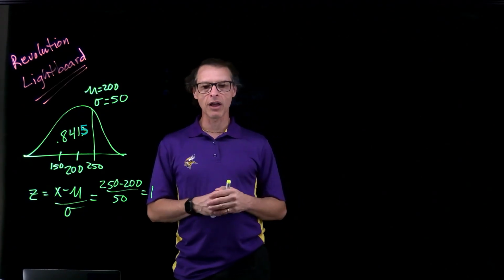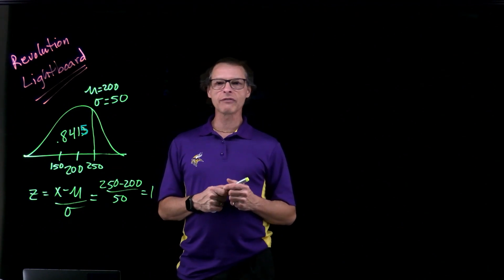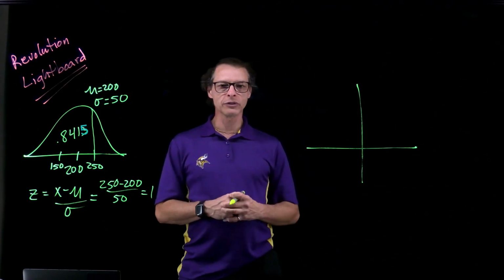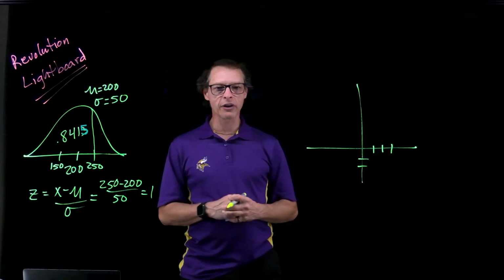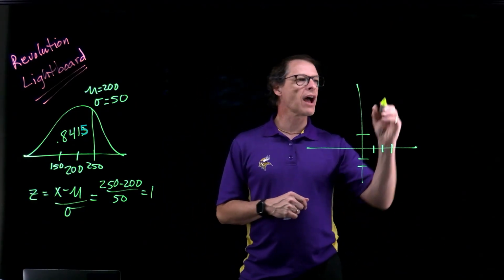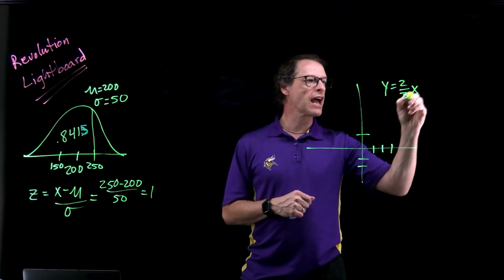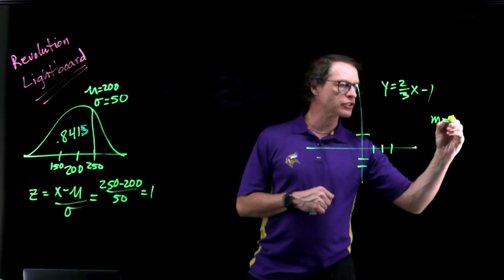I'll show some other clips, but this is some of the power. We love that we can draw pictures, and so when we're doing a graph, right? This is very hard to do on a computer live, but we can say that we're going to graph the line y equals 2/3 x minus 1. And so that tells us that we have a slope.